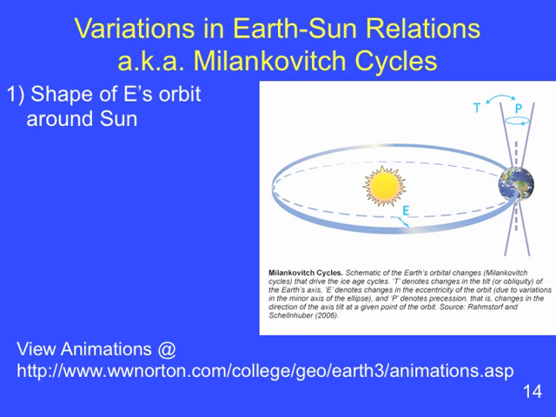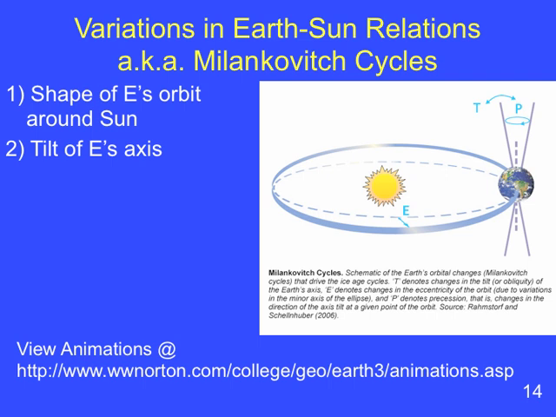The second component is our axial tilt. You know very well at this point that the tilt of our Earth's axis is 23.5 degrees. Has it always been 23.5 degrees? Will it always be 23.5 degrees? No, it is not. So think of a top. Have you ever spun a top? Spin a top in your mind, or if you have one handy, spin it in front of you. You'll notice that it doesn't always maintain the exact same tilt.